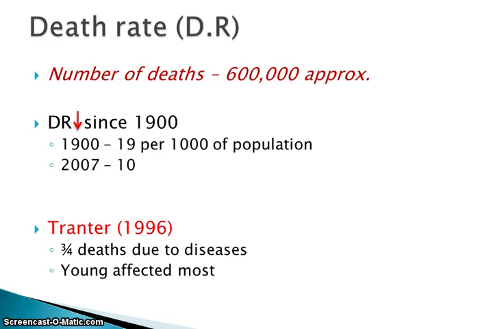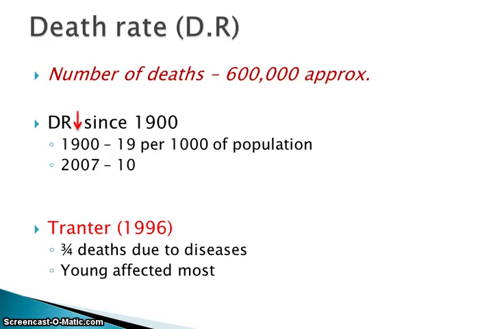Young people were affected most commonly by that, and obviously died more, hence a big infant mortality rate. So Tranter sees the eradication of these sorts of diseases as one of the reasons why there's been a decline in death rates.